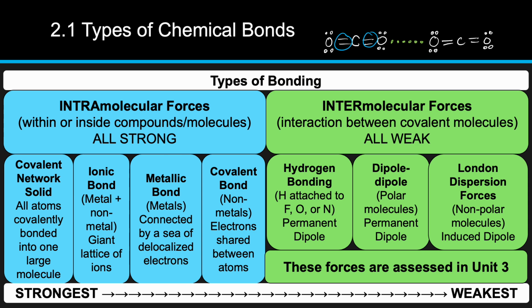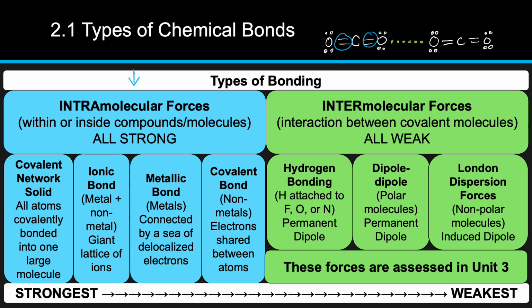So for Unit 2, we are going to be focusing on the intramolecular forces, and then when we move on to Unit 3, we're going to be focusing on the intermolecular forces. The strongest of the intramolecular forces is going to be a covalent network solid. This is just essentially a giant covalent molecule. So all of the atoms within this solid are all connected by covalent bonds.